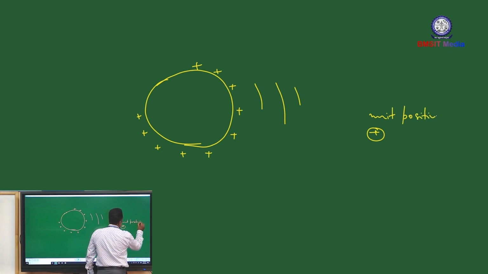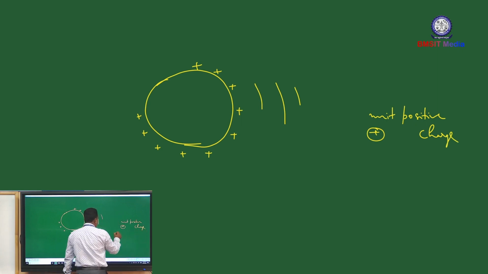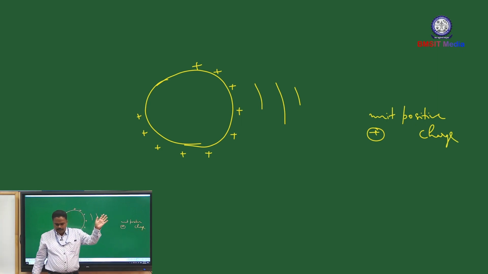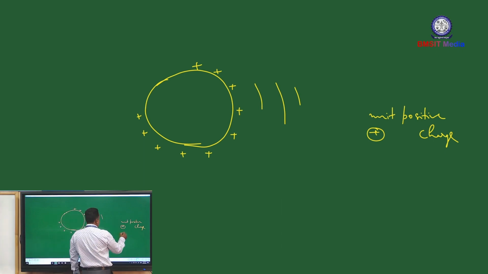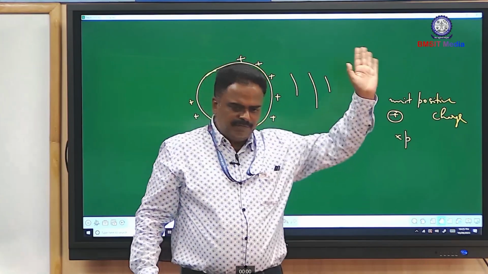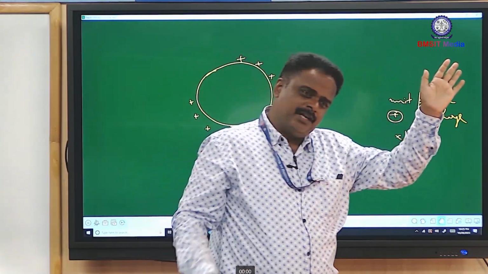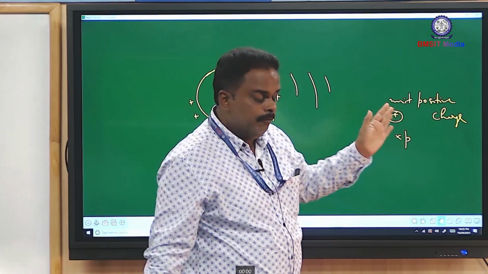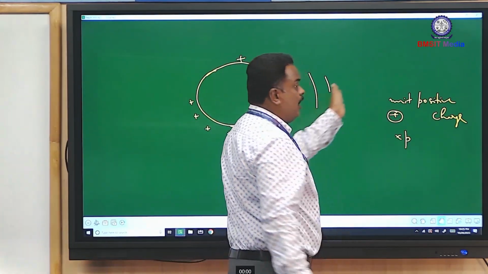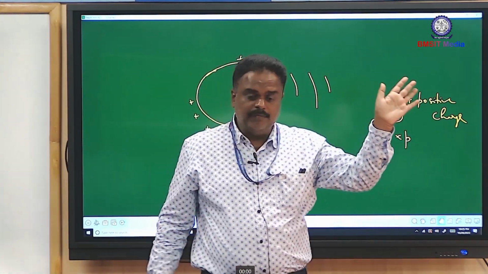If you want to bring this unit positive charge from a point at infinity to any point P, infinite here means where the effect of this field is not felt. That is the meaning of infinity.